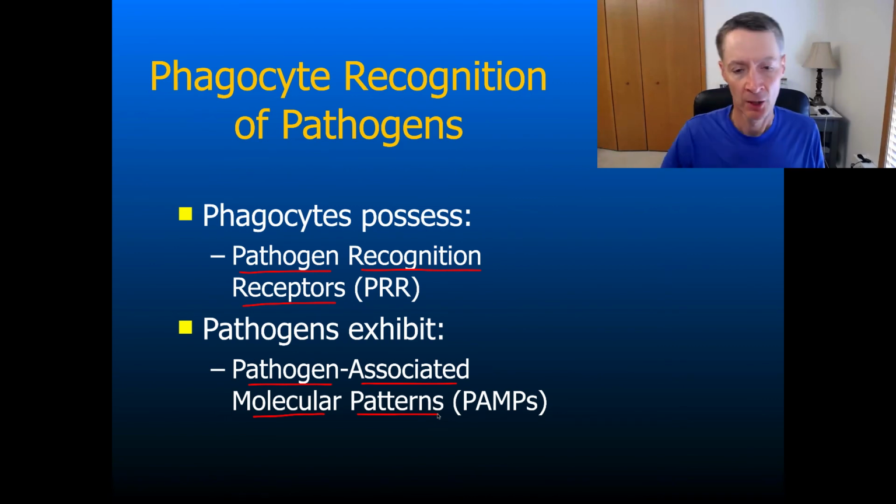So normal flora, in other words, do not exhibit the same PAMPs as their nasty cousins that do cause disease. Now, I think in your coronavirus videos for that project, the guy referred to these as damage-associated molecular patterns, and that's pretty much the same thing.